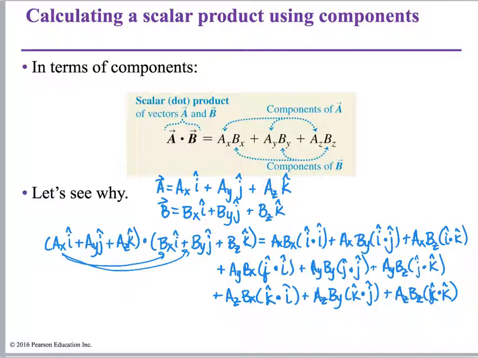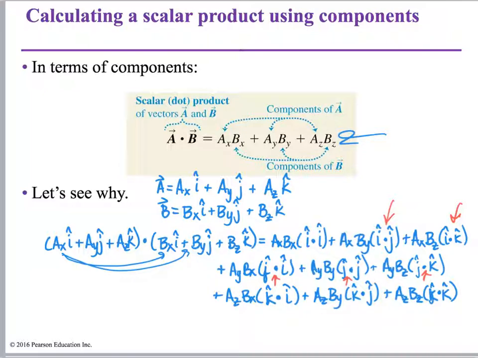So you might say, wow, this is a lot more than I see up here, so what's going on here? You have to think about, when I'm doing these, are there any reasons why some of these are going to go to 0? We have a lot of different dot products, and we have to see if we can figure out what we get when we're taking the dot product of unit vectors with each other.